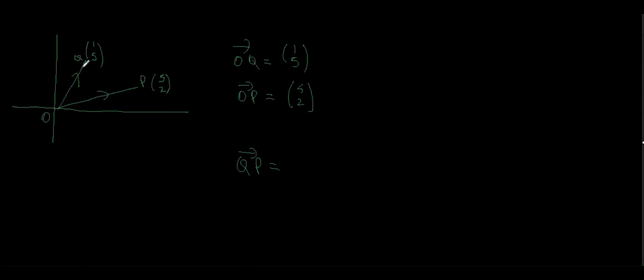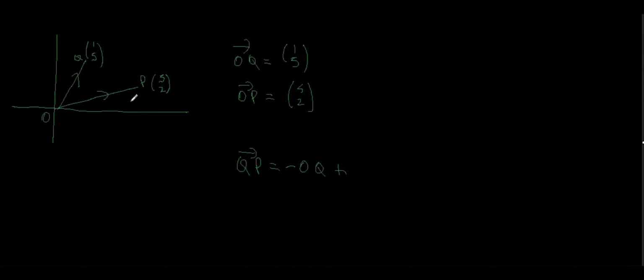So if I'm at Q and I want to get to P, I will have to go from Q to O, but that's opposite the direction of my position vector OQ. So I would say negative OQ.